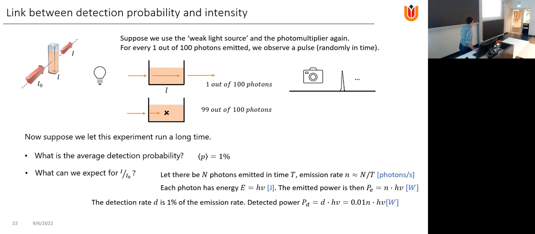The detection rate is 1%, so you can do the same calculation for the detected power and then calculate the ratio. Well, what you thought intuitively is of course correct. It is 1% as well. So again, this is the link between the detection probability and what you would actually measure if you did the experiment. On average, this should be the same thing.